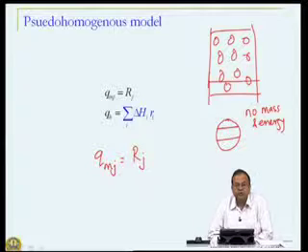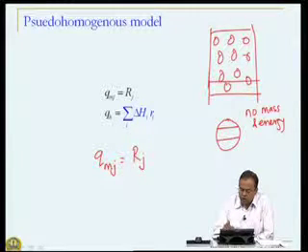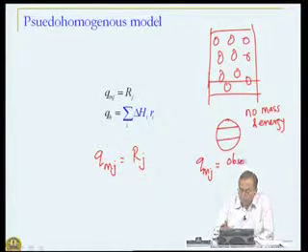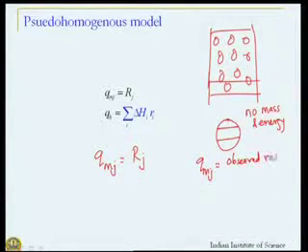From our earlier notation, QMJ is nothing but the observed rate, and if there are no mass and energy transport limitations, this is nothing but the kinetic rate.